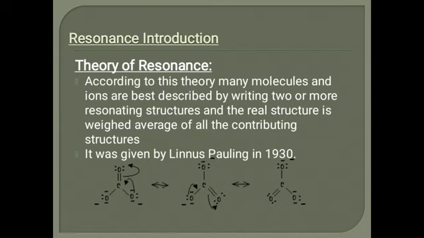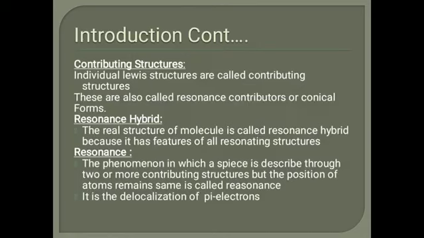It was given by Linus Pauling in 1930. Then contributing structure. Individual Lewis structures are called contributing structures, meaning the structures which we write for the understanding of the molecule are called Lewis structures, are called contributing structures.